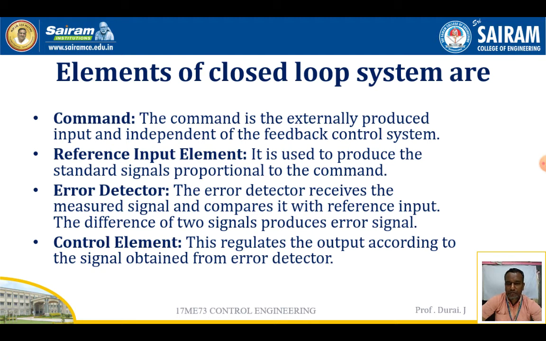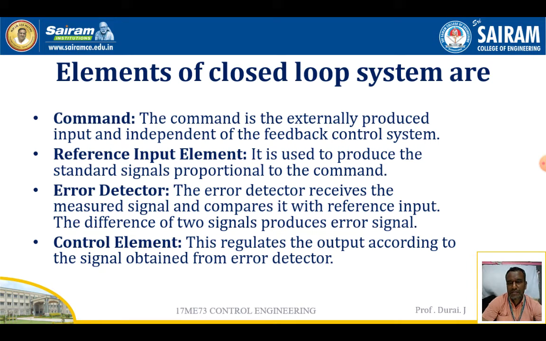The difference of the two signals is called the error signal. We have already seen this in the last video. The feedback signal is measured against the reference input, and the difference between the two signals is called the error signal.